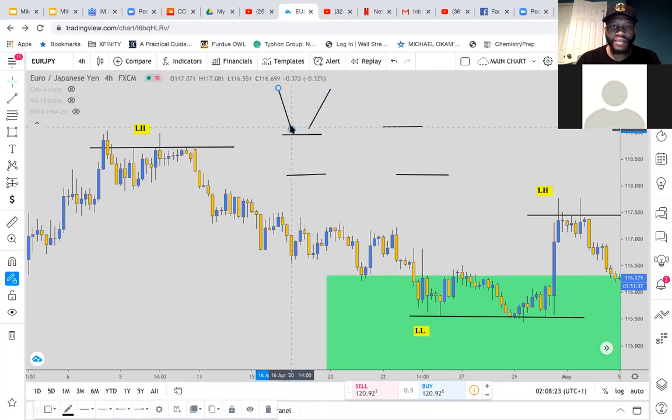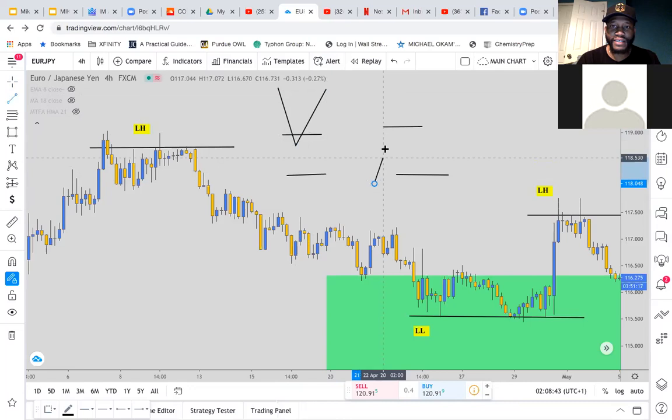So if we put a buy limit, all we're saying is once price comes down to our buy limit, we're projecting it to reverse for a buy. Vice versa for the sell. If we're placing a sell limit and the price was going up like this, we're saying once it activates our order, we want it to go down. Boomerang.